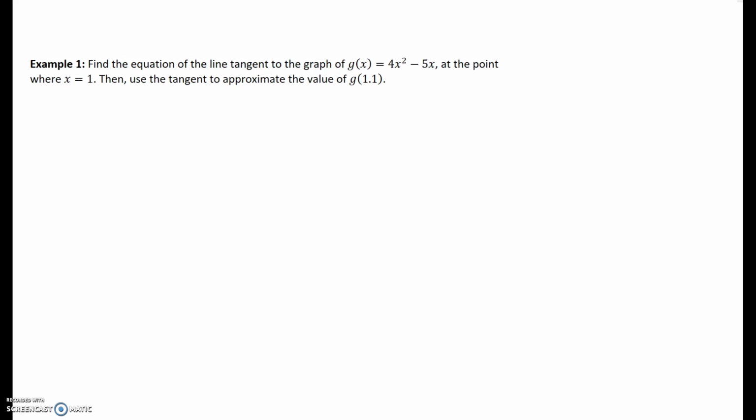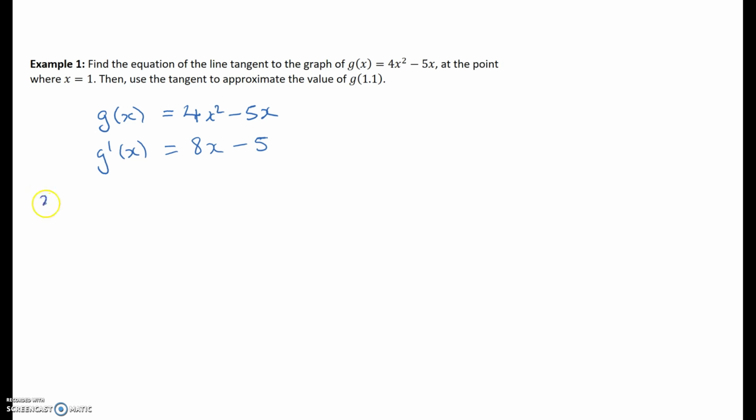The first thing we're going to do is find the derivative of g of x. Now g of x is 4x squared minus 5x, and g prime therefore is going to be 8x minus 5. Okay, so that's the derivative, and we need to use that to get the slope when x is 1.